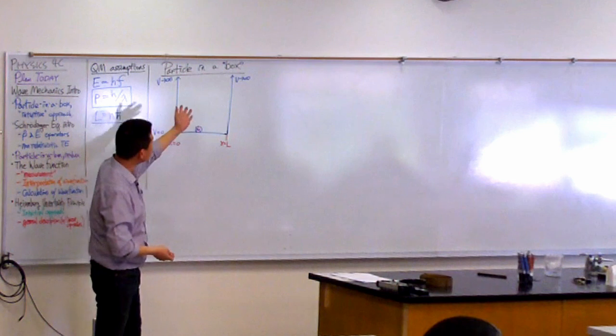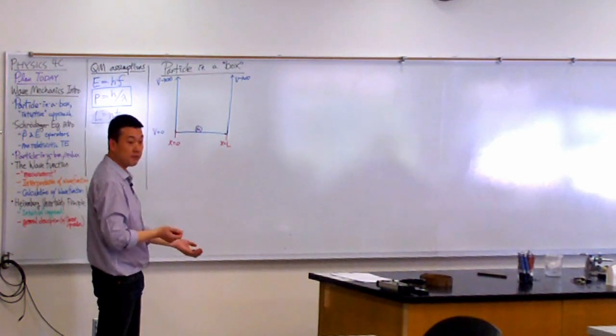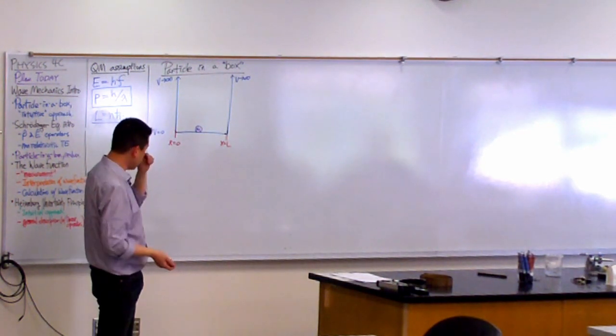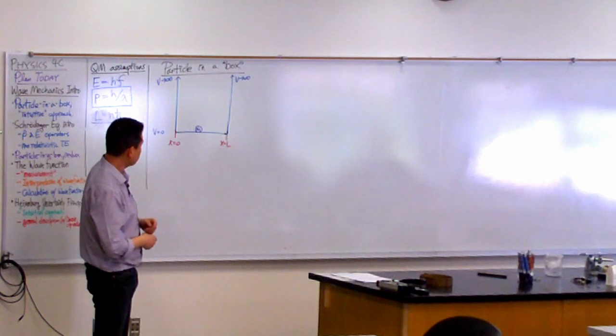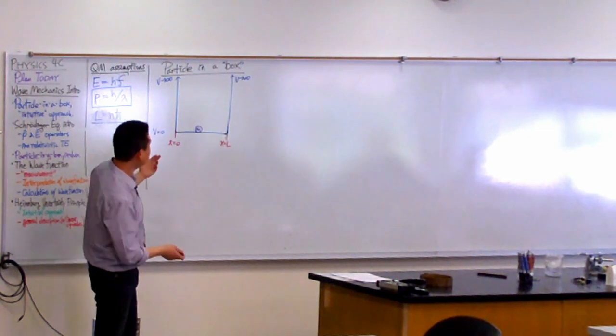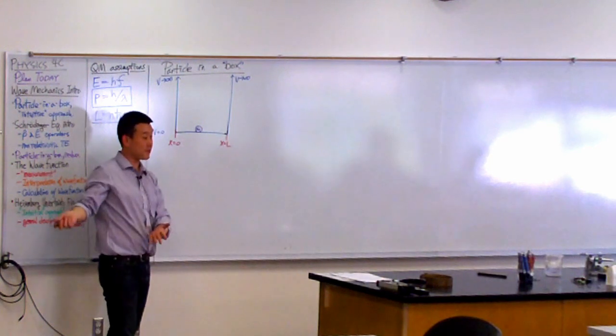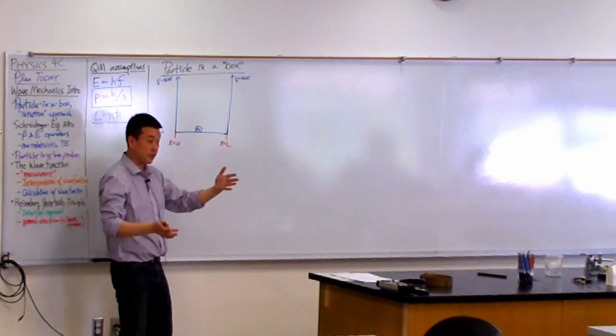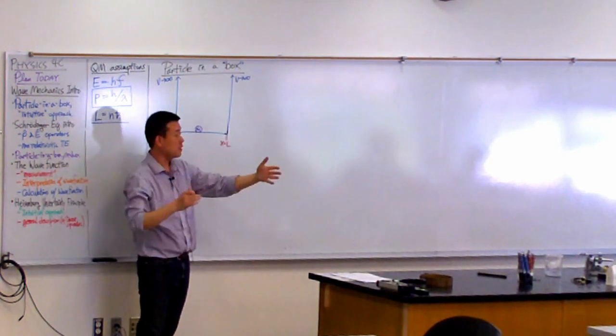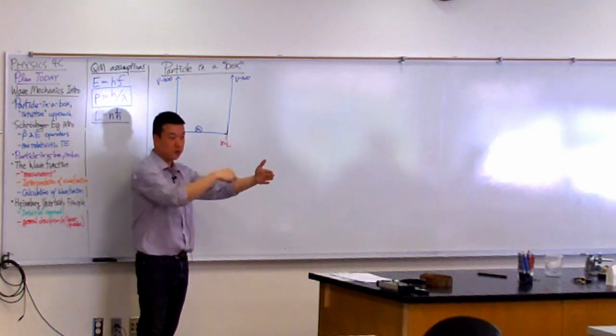Okay? So this is the simplest quantum mechanical system we can imagine. It's the simplest because the interaction in this range is simple. Well, there is no interaction. There is no force. Like with that electric field example, in this region there is no electric field.